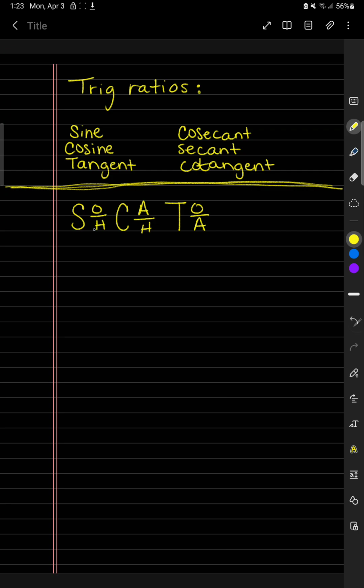O means opposite. H is hypotenuse. Sorry if I misspelled that. And A is adjacent.